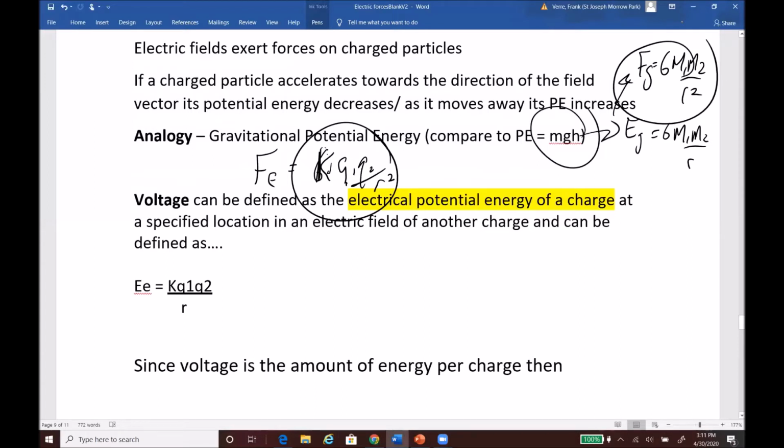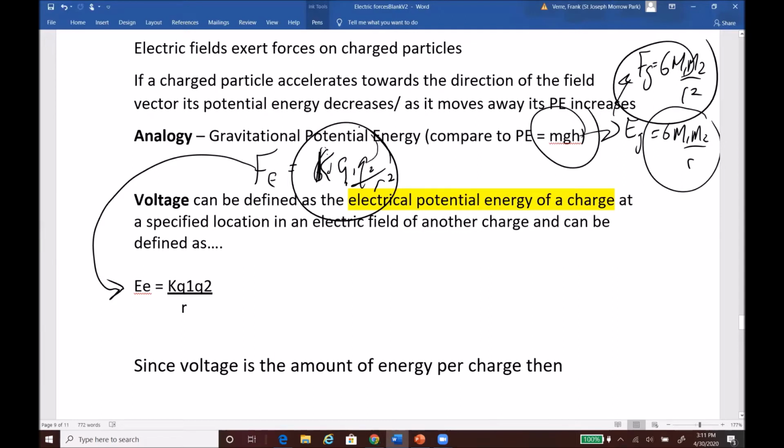So it would stand to reason that you can derive an equation for the amount of energy, as we did in the previous unit. The amount of gravitational potential energy we derived as G m1 m2 over r. We can do the same thing for electrical potential energy.